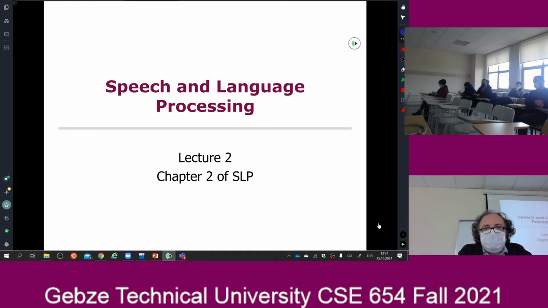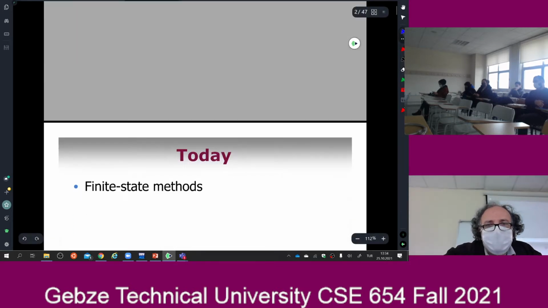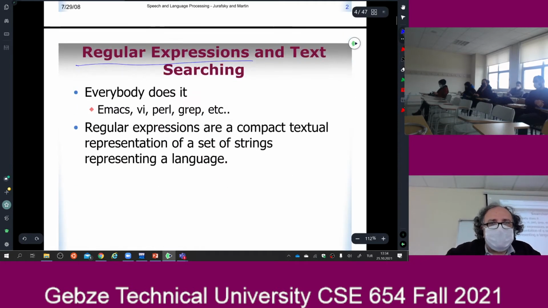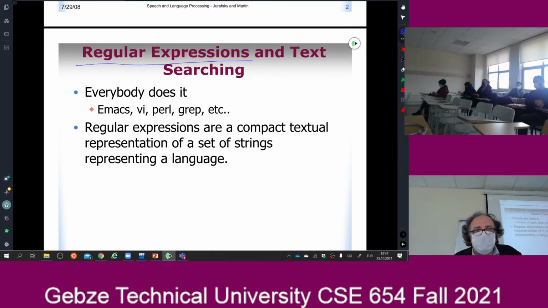Okay, so last time we looked at the finite state methods as a general way of doing morphological analysis.